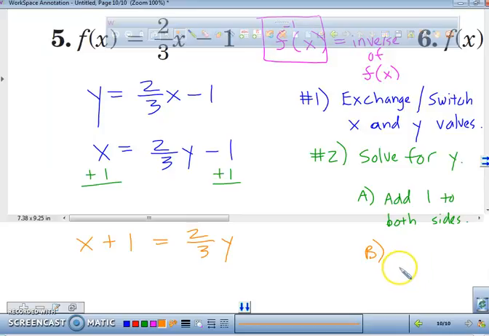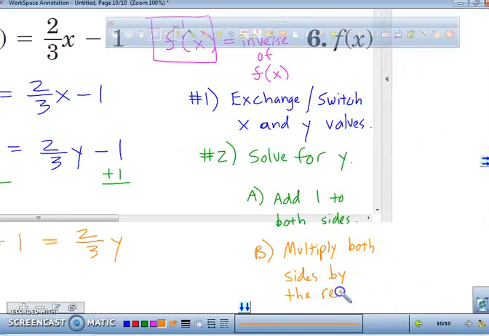So what we could do, instead of dividing both sides by 2/3, we're going to multiply both sides by the reciprocal. Move over a little bit. We're going to spell reciprocal. Which is what?